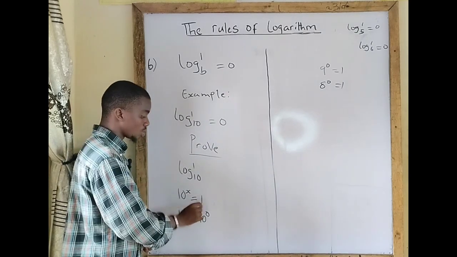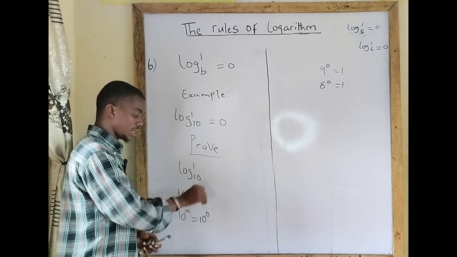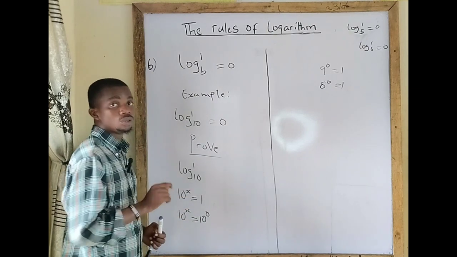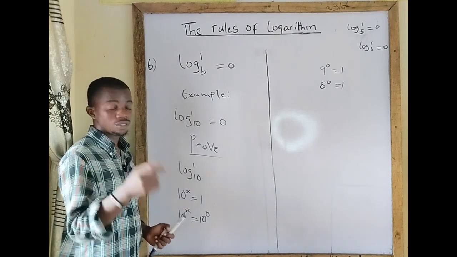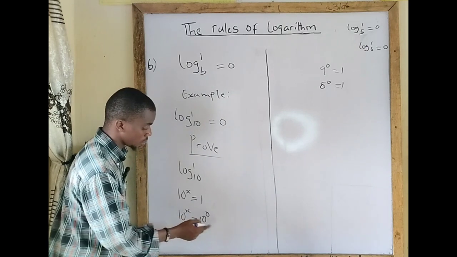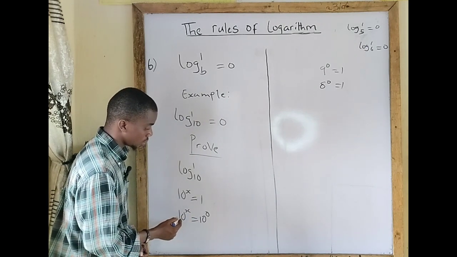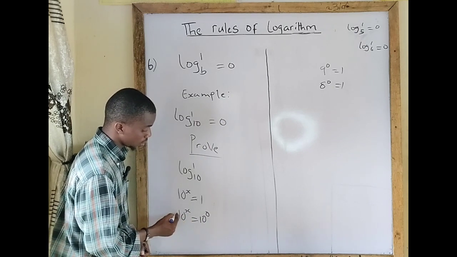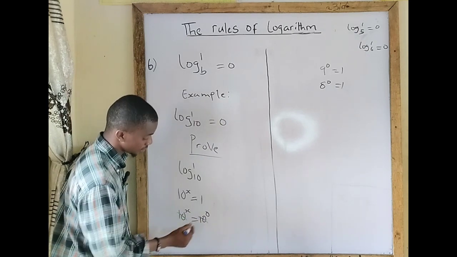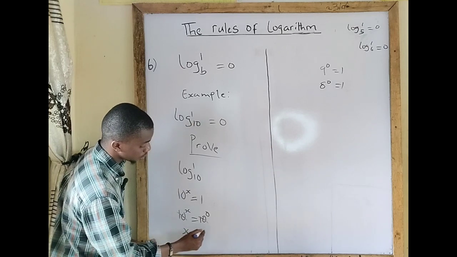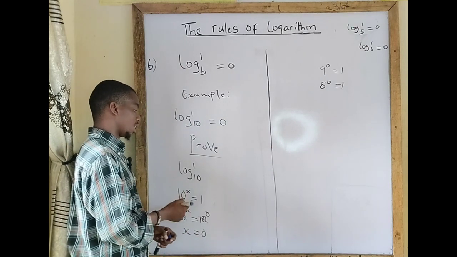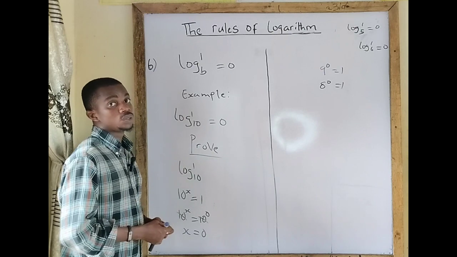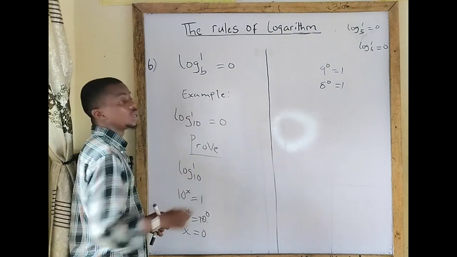So that is where the 1 emanated from: 1 is equal to 10 raised to the power of 0, so that the bases on both sides of the equation are equal and cancel off. Then we have that x is equal to 0. So you can now see that log 1 to any base is equal to 0.